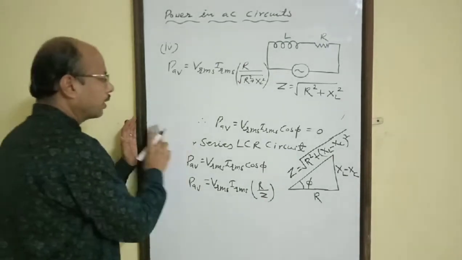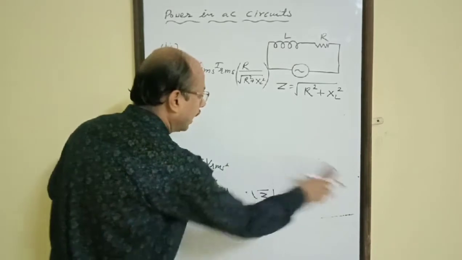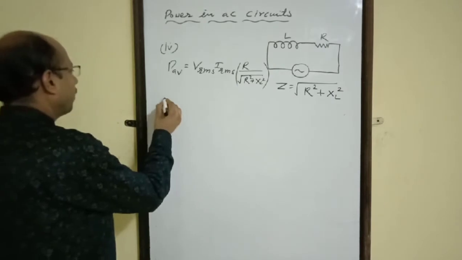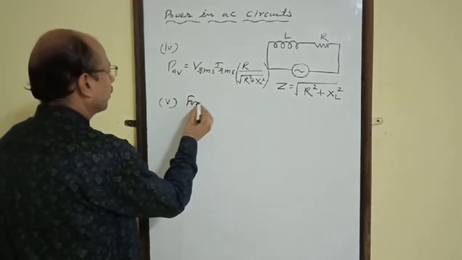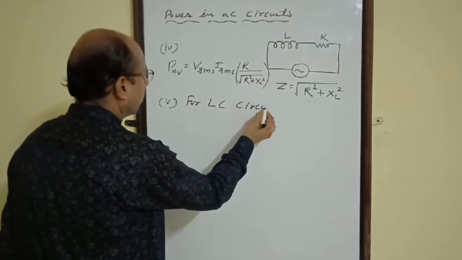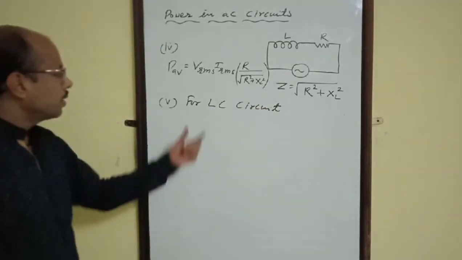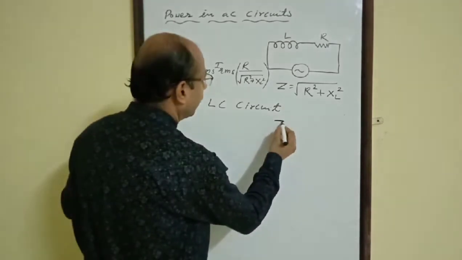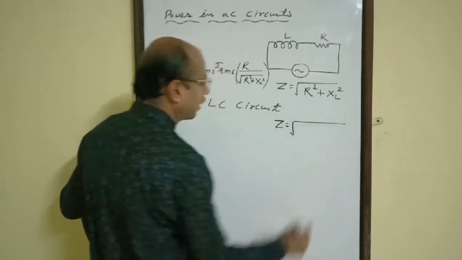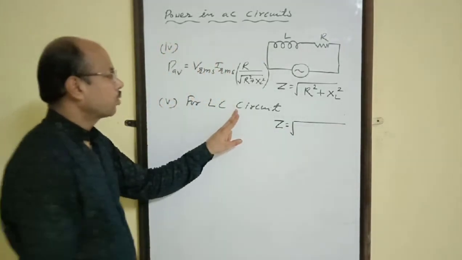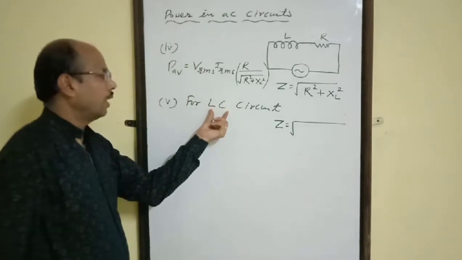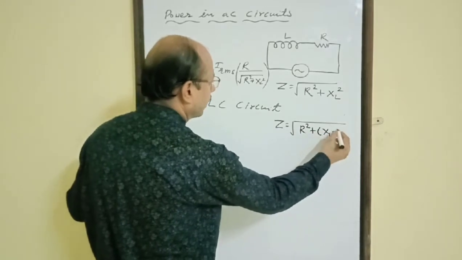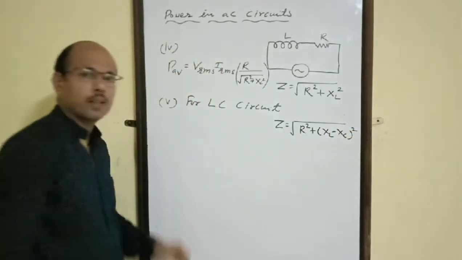Now, last we can consider the power consumed in an LC circuit. Since it is an LC circuit, it means there is no term of R. So directly we can write the value of Z for the LC circuit as the square root of R square plus XL minus XC whole square.